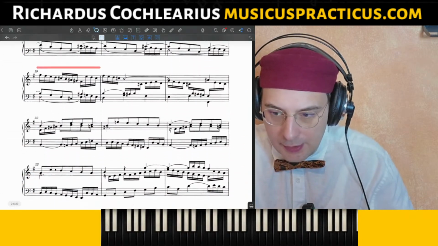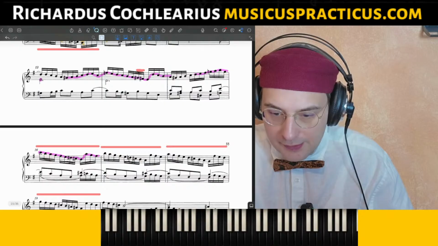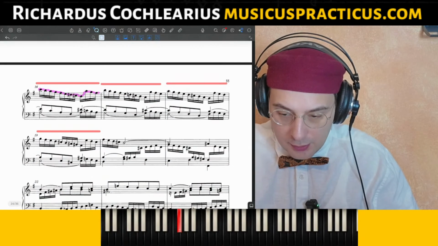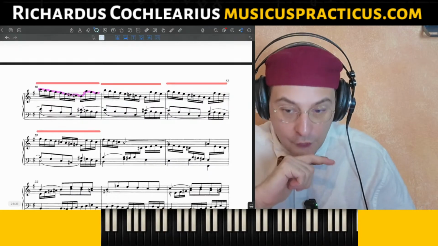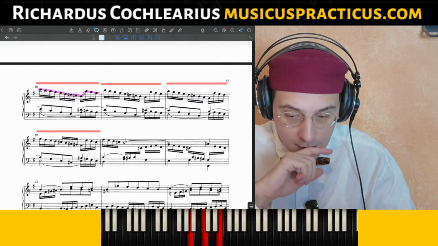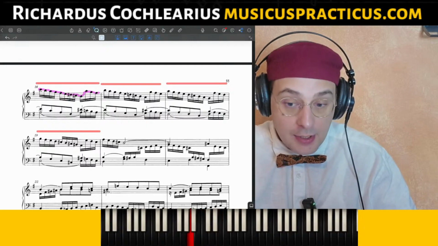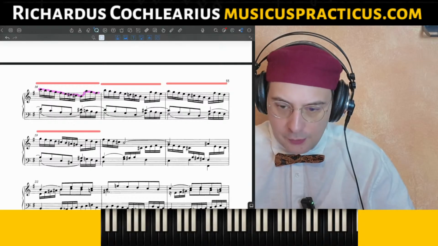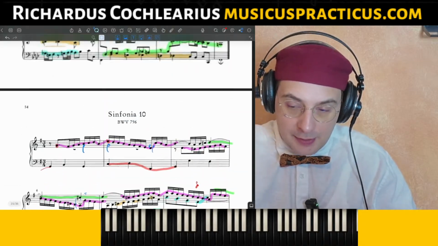And here instead, it starts in A minor and it moves to B minor. So to be precise, we have to check the same notes we had in the bass.